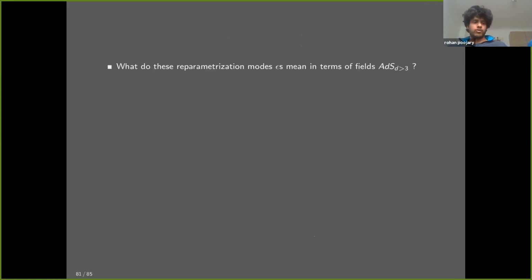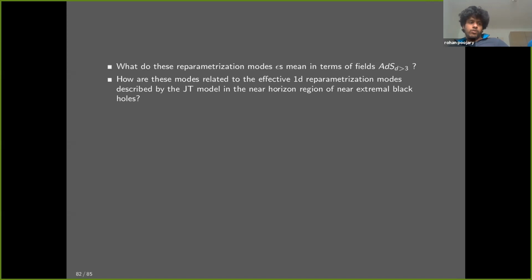So the open questions are: what are these reparametrization modes in the bulk in greater than 3 dimensional AdS? How do these modes relate to the modes of JT gravity? Because we know that those are 1D reparametrization modes on the horizon boundary. So if these modes end up capturing the chaotic behavior of CFTs, at least 2D CFTs, of course, because this conformal map from flat to thermal background can only be done in 2D CFTs.